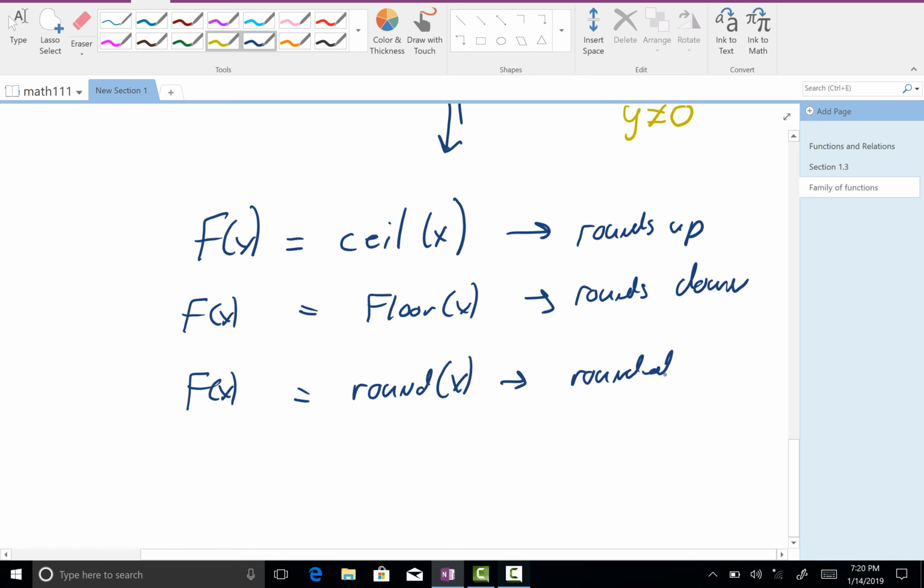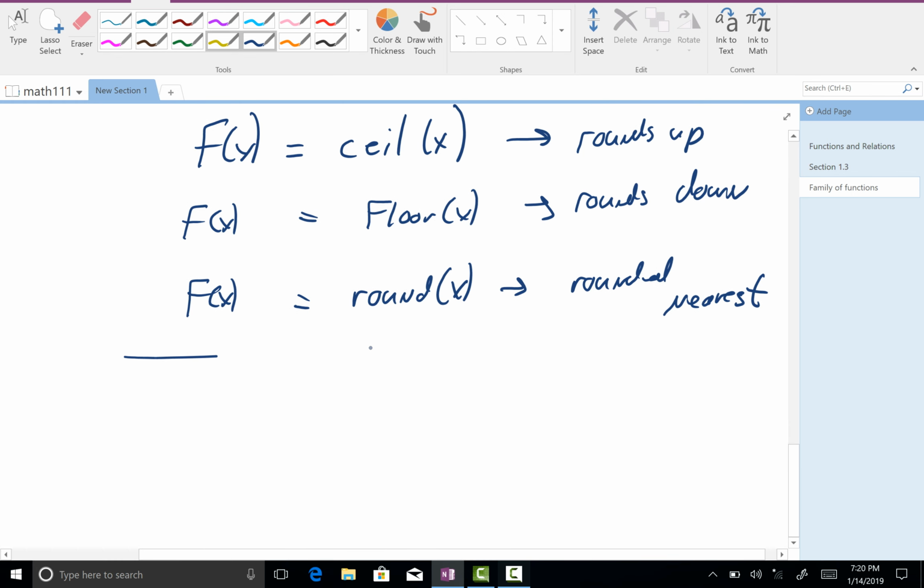Nearest. Okay, those are in Desmos, as those functions are.